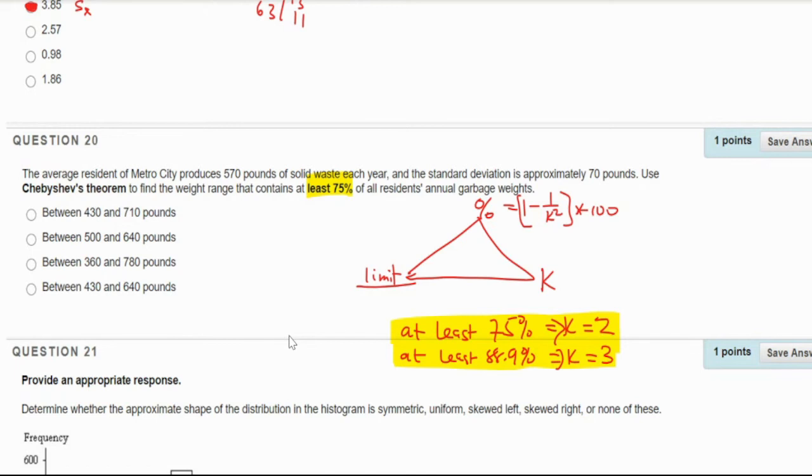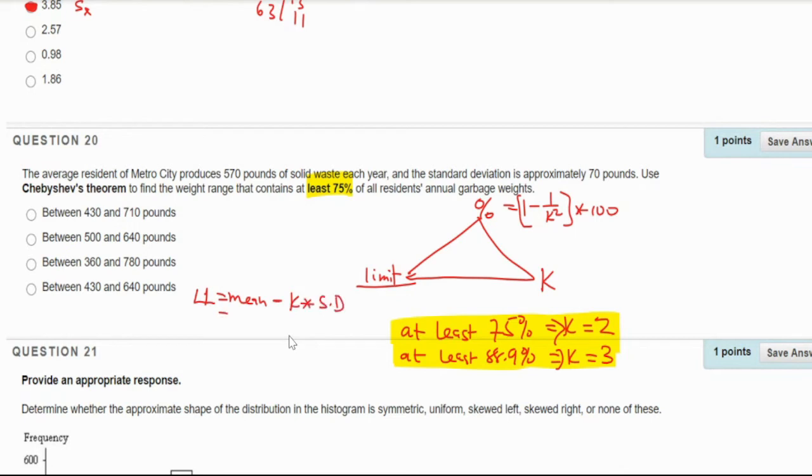Have it written some way. In this case, K is 2, and they're asking us for the limit. The lower limit is the mean minus K times the standard deviation.